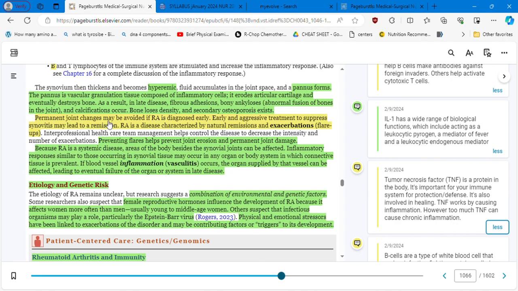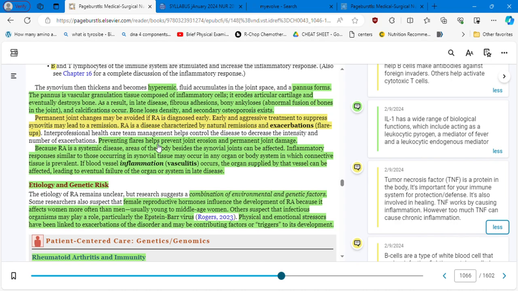Permanent joint changes may be avoided if rheumatoid arthritis is diagnosed early. Early and aggressive treatment to suppress synovitis may lead to remission. So if this is identified early and proper treatment is started early, those soldiers are going to be attacked and they're going to be killed.